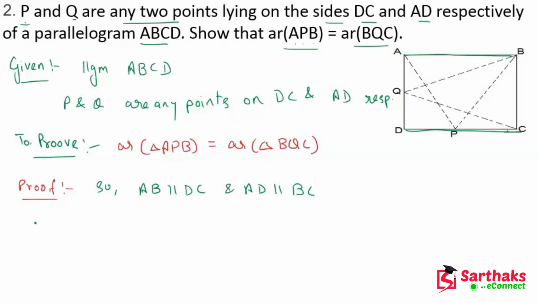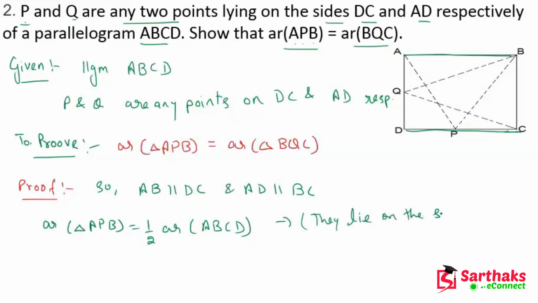So we can say that area of triangle APB is equal to half of the area of parallelogram ABCD.